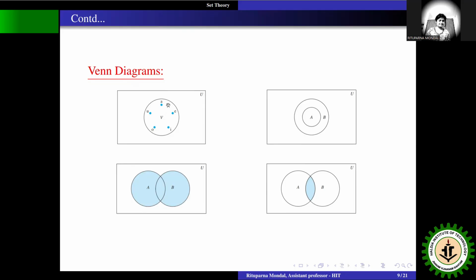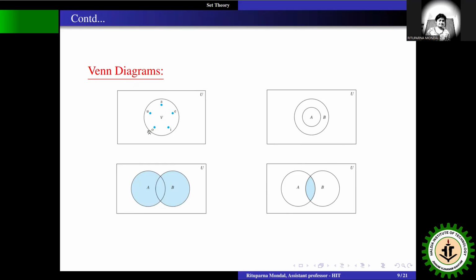Here, this one is the circle. This circle contains the elements A, E, I, O, U. This is the set. And if we take this element here, this set is not an element of this set V. Clear? And the rectangular portion represents the universal set.